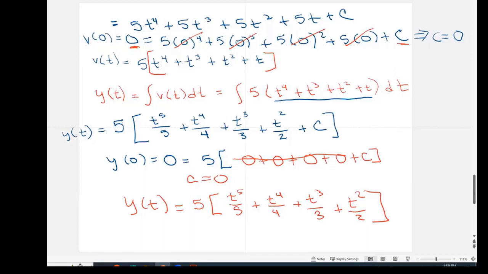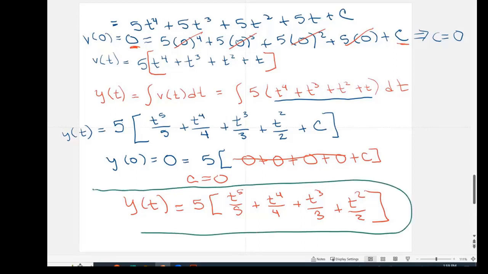Now you might get a problem where it says y of 0 equals 1. Then you would have to say c equals 1. But it just so happens for this problem, they're saying that it equals 0, which gets rid of all my constants. That is not always true. Don't make a rule out of it. But this is the final answer for my position. And this is the final answer for my velocity.